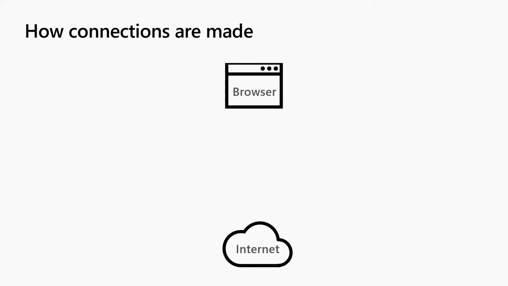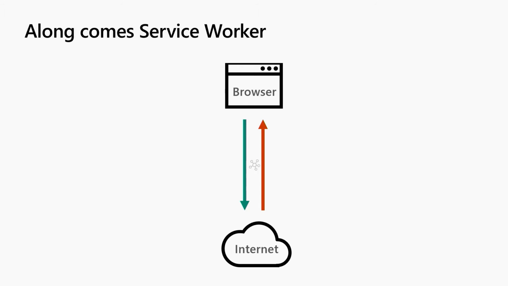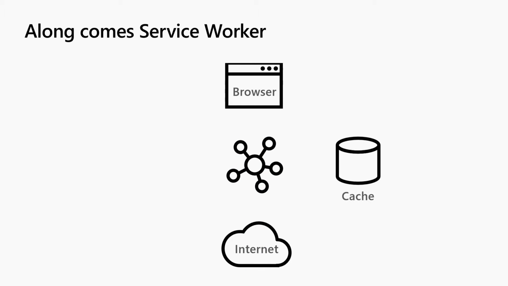So in a traditional website, you would make requests from the browser and then hopefully you get the resource, the asset that you're requesting back from the internet, right? From your server. Now, when Service Worker comes along, it actually changes things a little bit. First of all, it has access to its own cache.